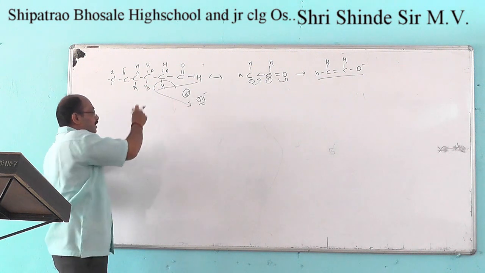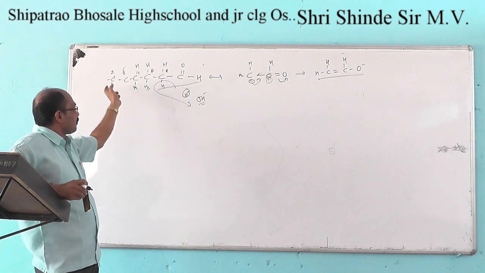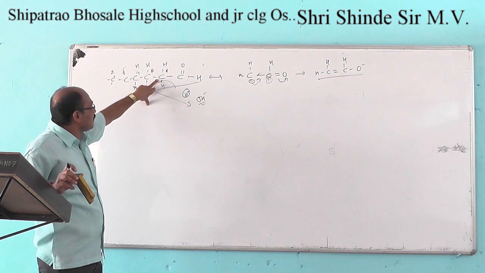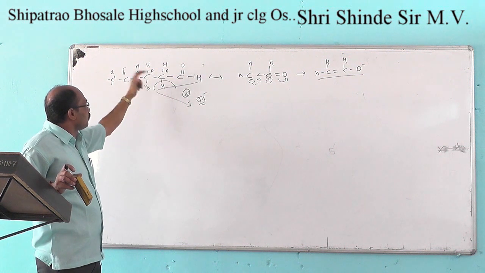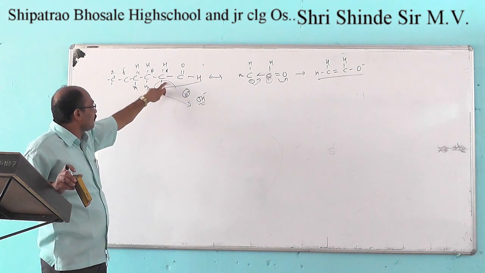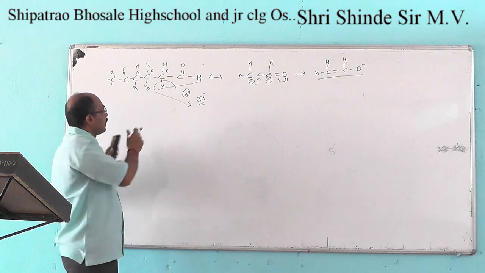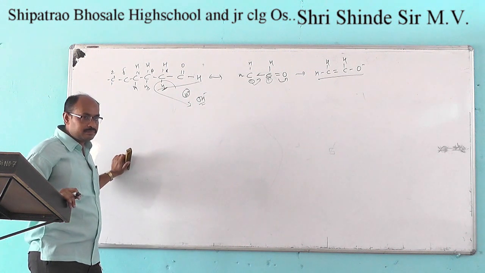The acidity of hydrogen decreases, as the electron attracting capacity is also reduced as we move further from the adjacent alpha carbon to the beta carbon. So only alpha hydrogen is acidic in nature.